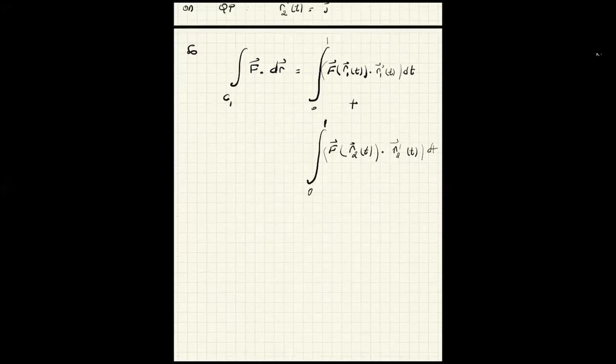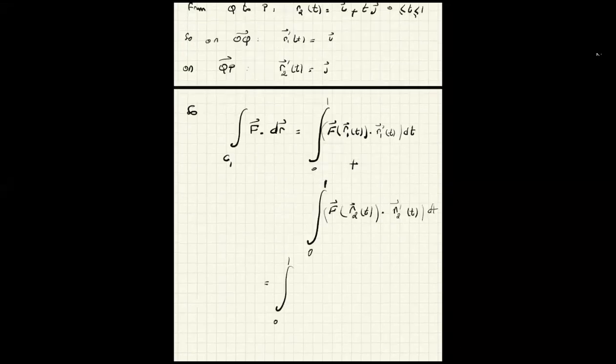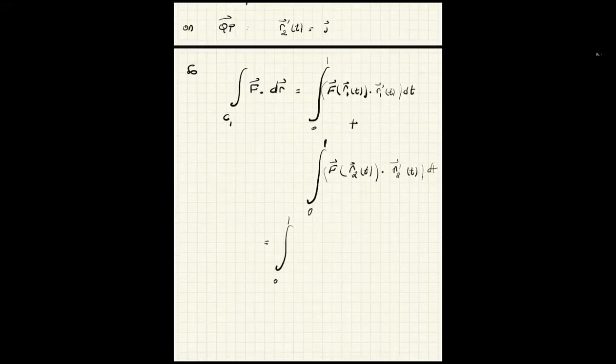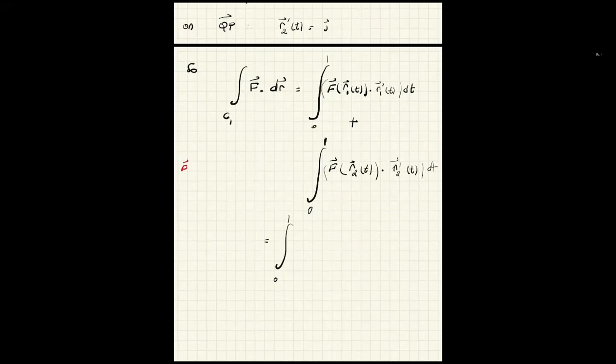So what is my vector field? The vector field F, as defined everywhere, is y I plus x j. This example is meant to confuse you a little bit because I have y on the I and x on the j. So you have to be careful.